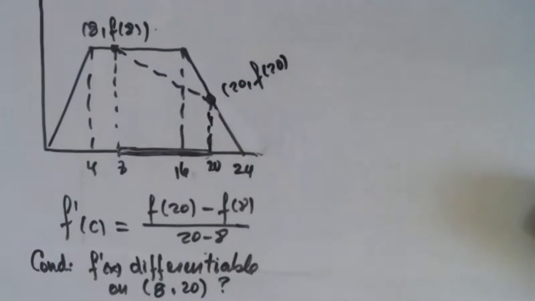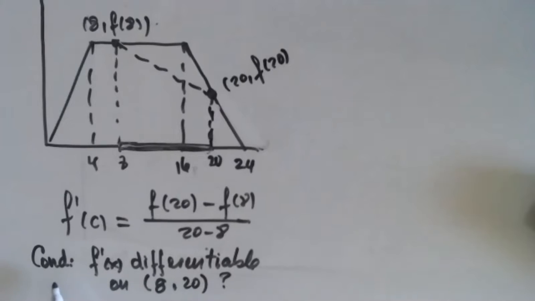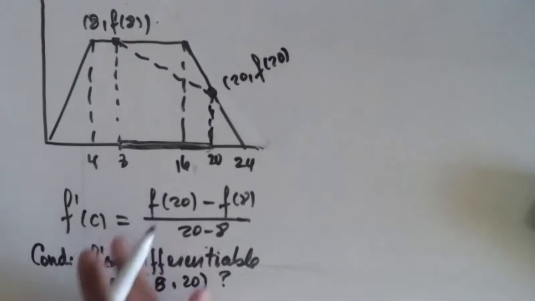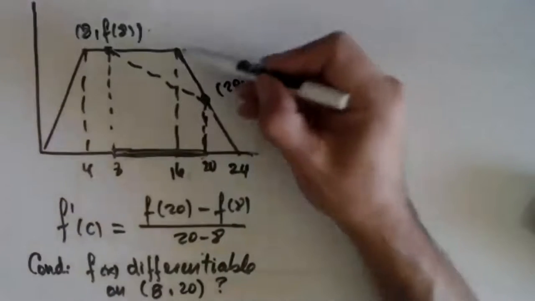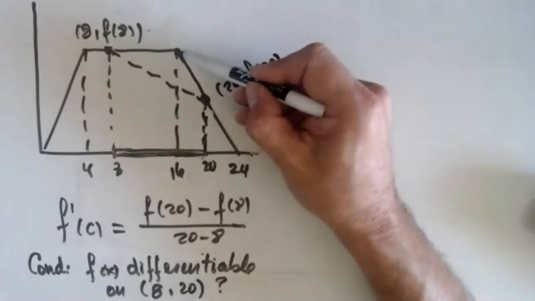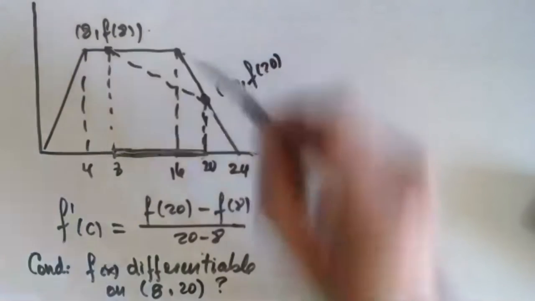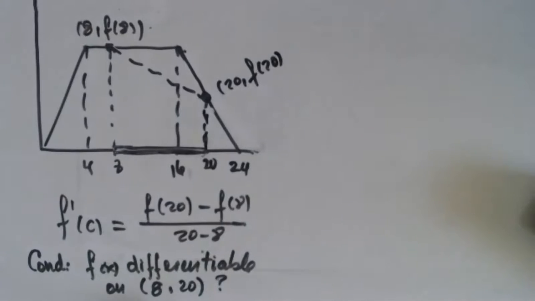Okay, so this is the situation. The condition has to be fulfilled. f has to be differentiable. The situation is you have here a peak, right? It's not differentiable at this point right here.